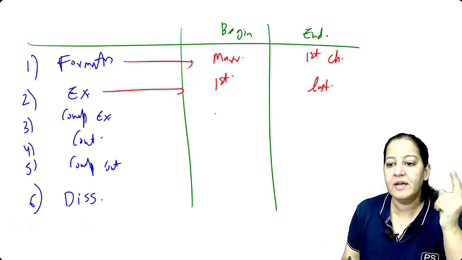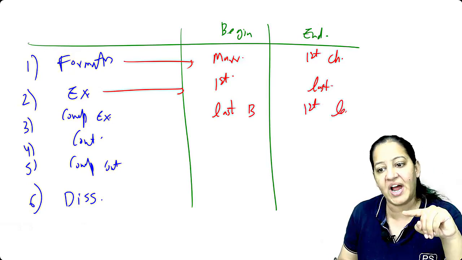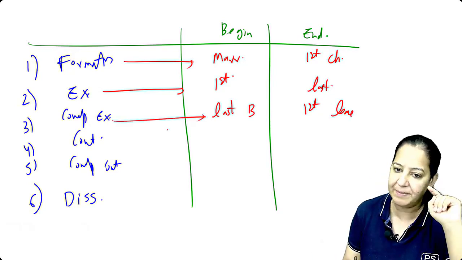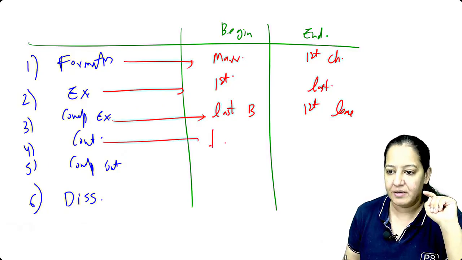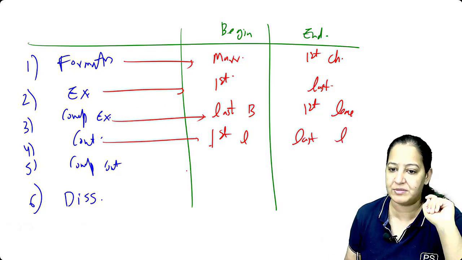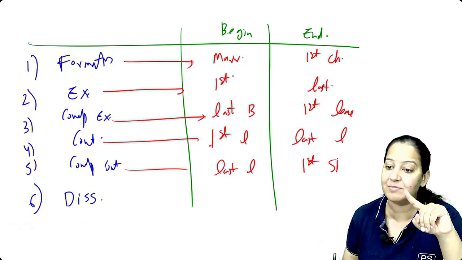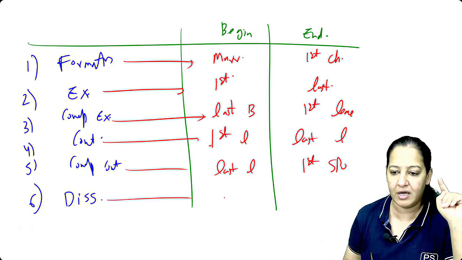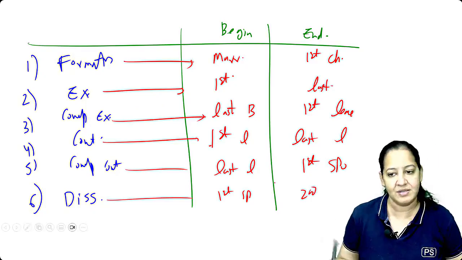From the last child born till the first child leaves the home, it's complete extension. Completely extended. Now, from the first child leaving the home till the last child leaves the home, it's contraction. From the last child leaving the home till one of the spouses dies, this is complete contraction. Then the first spouse dies, the second spouse also dies. The complete family dissolution. This is how you have to learn.